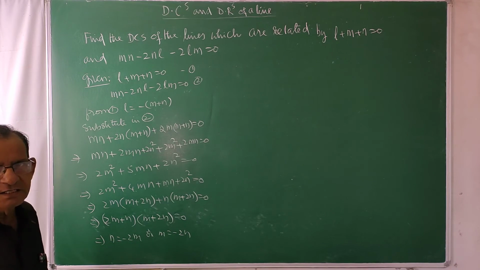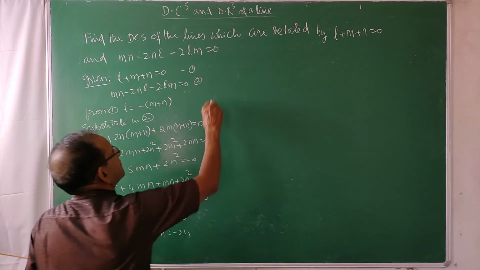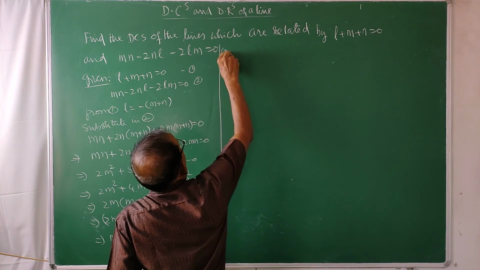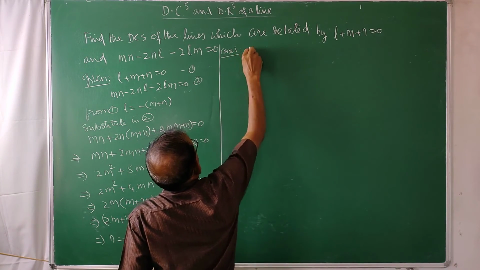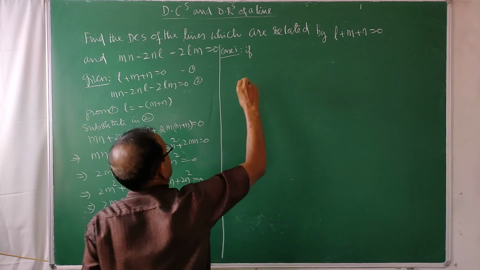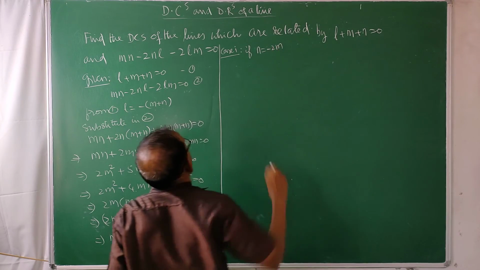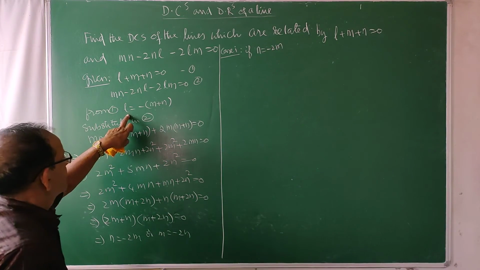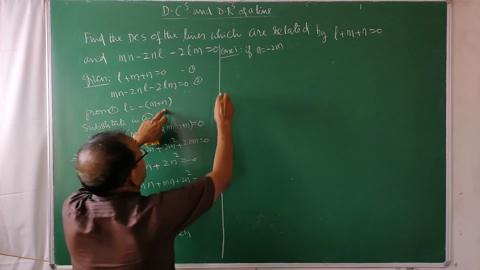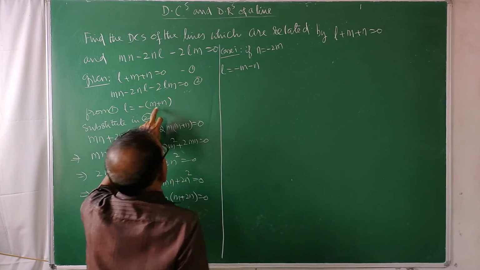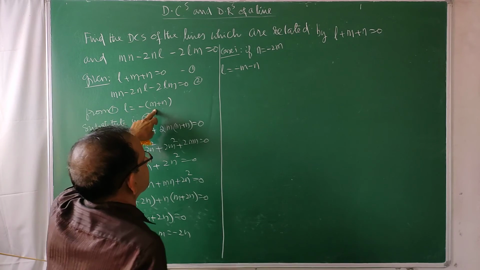Now consider these two cases separately. Case 1. If n is equal to minus 2m, then what is L? L is equal to minus m minus n, but n is minus 2m.